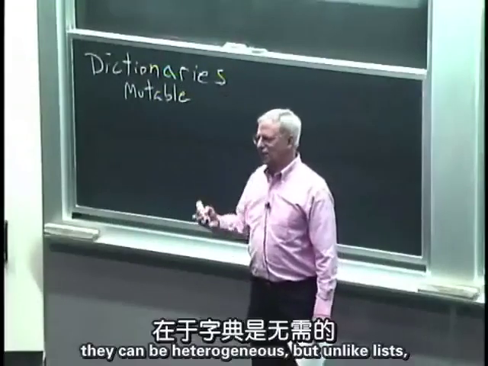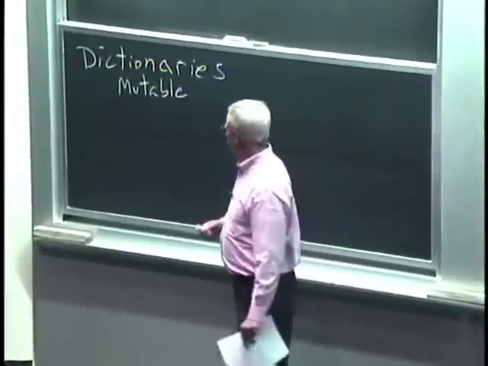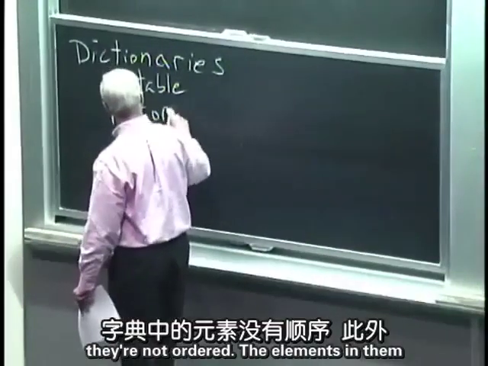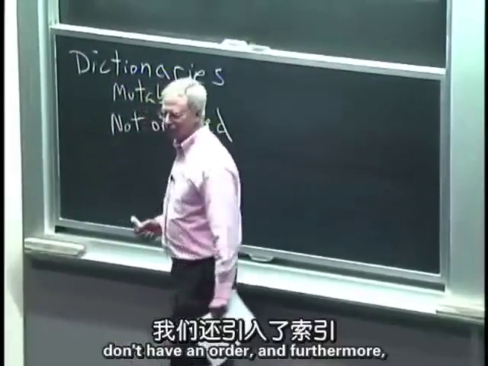Like lists, they can be heterogeneous. But unlike lists, they are not ordered. The elements in them don't have an order.